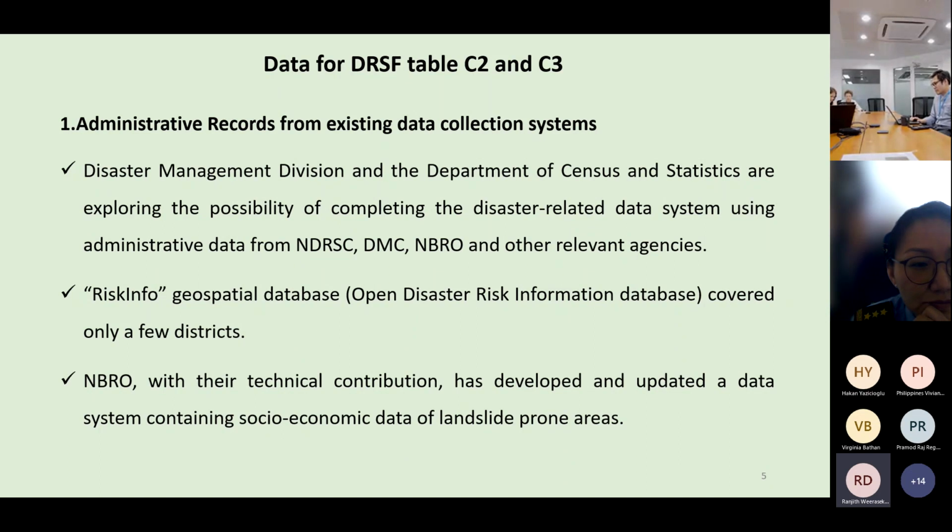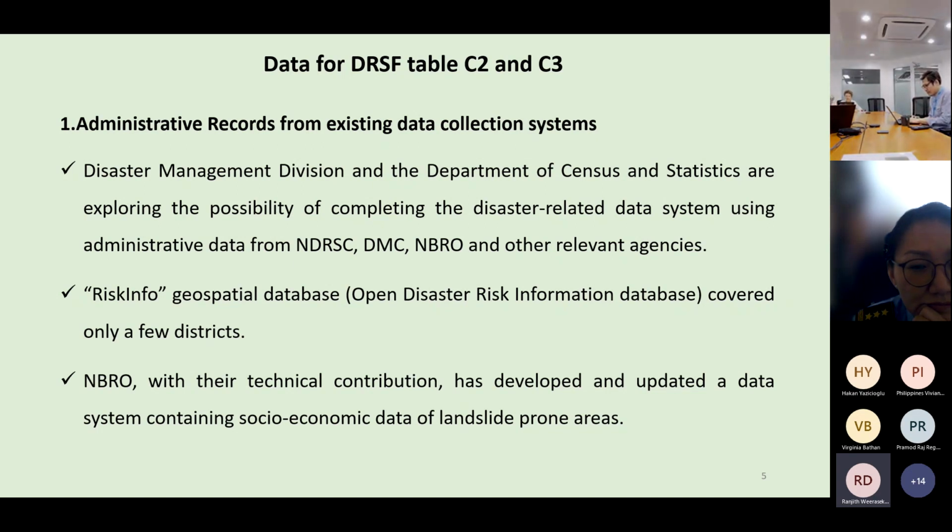The Disaster Management Division and the Department of Census and Statistics are exploring the possibility of completing the disaster related data system using administrative data from the NDRSC and Disaster Management Center DMC and the NBRO National Building Research Organization and the other relevant agencies.